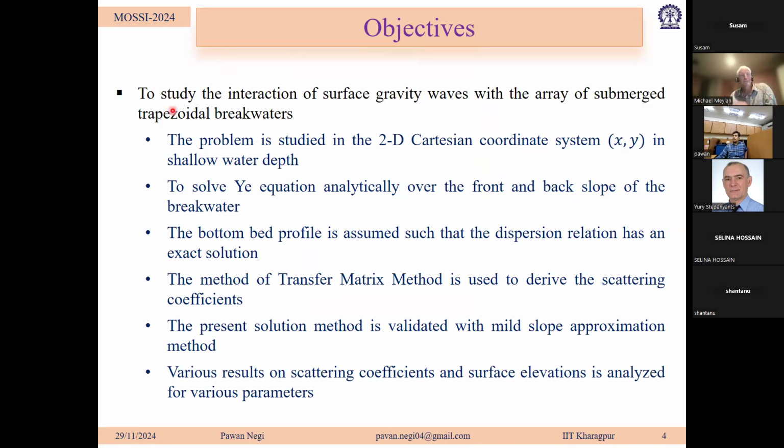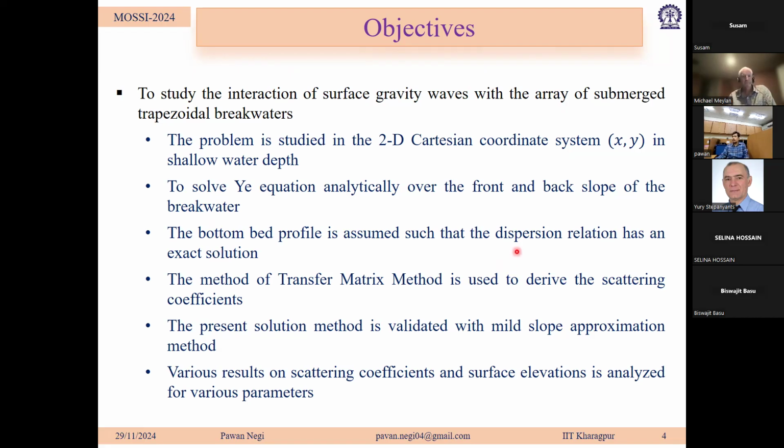So the objective of the present study is to study the interaction of gravity waves with the narrow submerged trapezoidal breakwater. The simple physical problem is considered in 2D Cartesian coordinate systems, and then we solve the Ye equation analytically over the front and the back slope of the trapezoid. Here what we are extra doing is choosing the bed profile such that the dispersion relation has an exact solution.